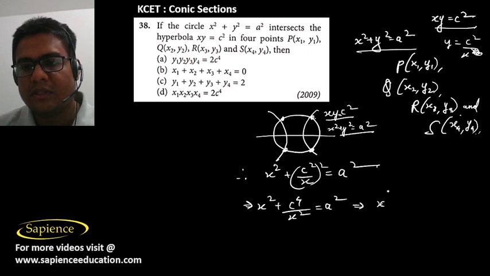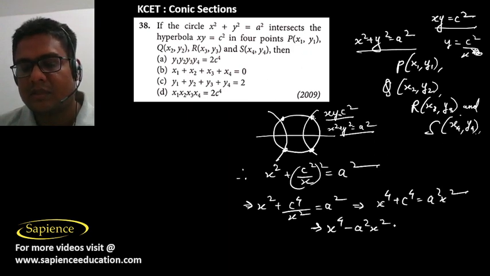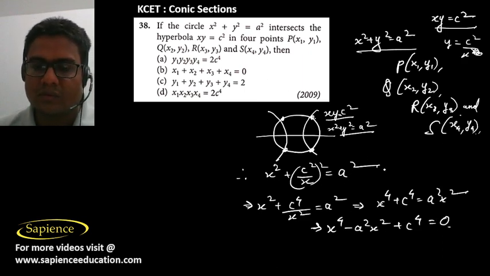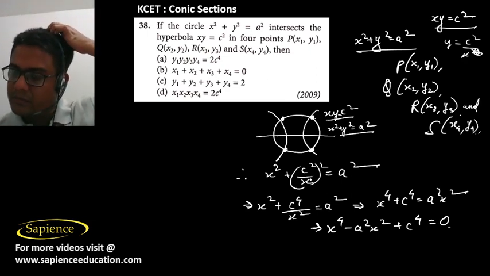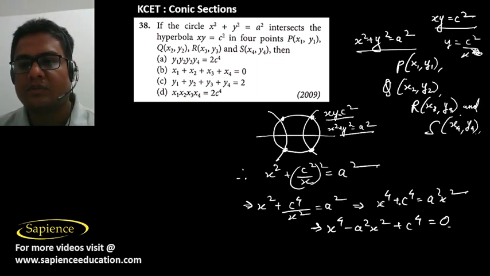So then we can say x power 4 plus c power 4 is equal to a square x square. So x power 4 minus a square x square plus c power 4 is equal to 0. Now it should have 4 different real roots.